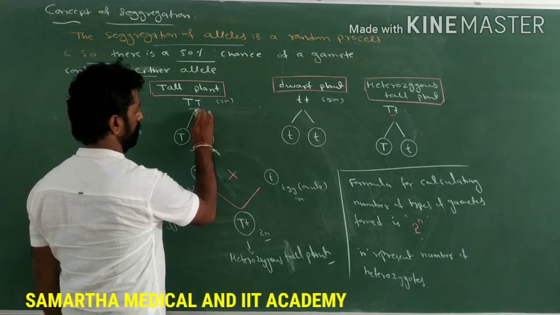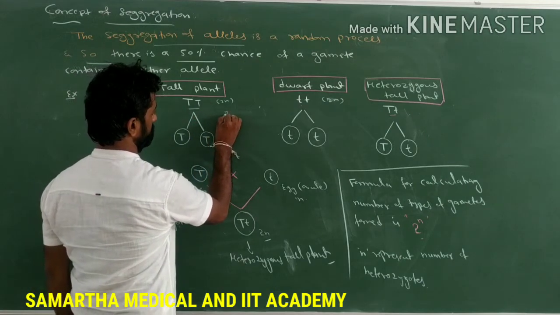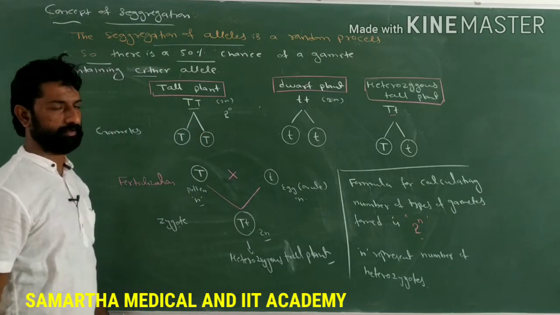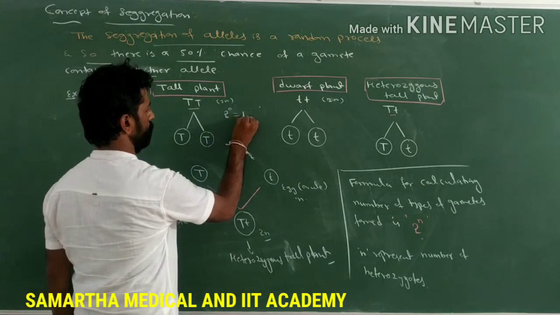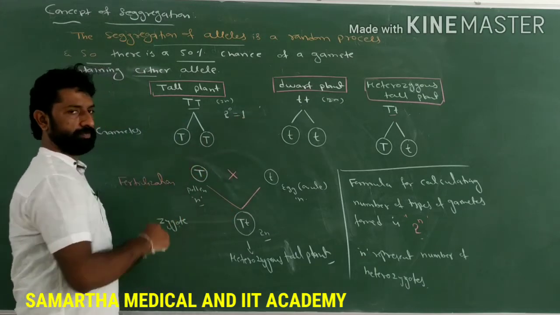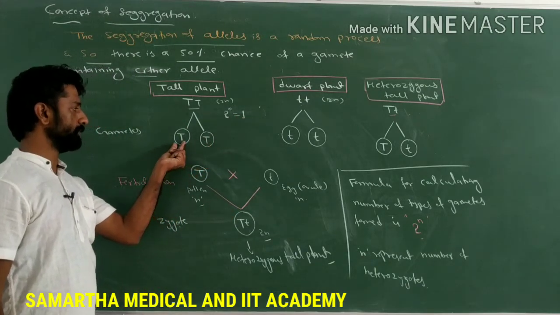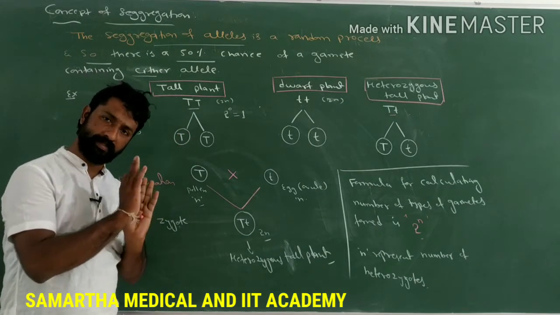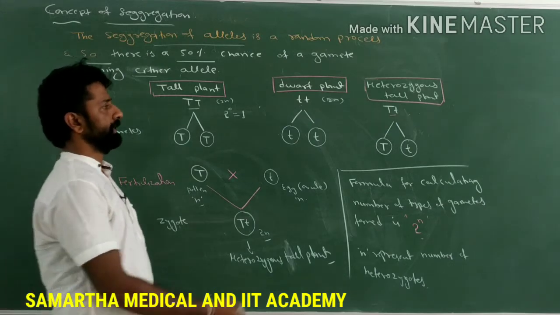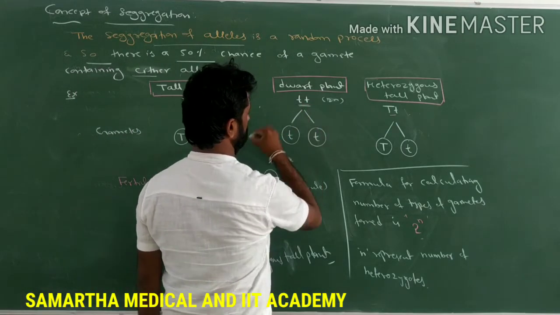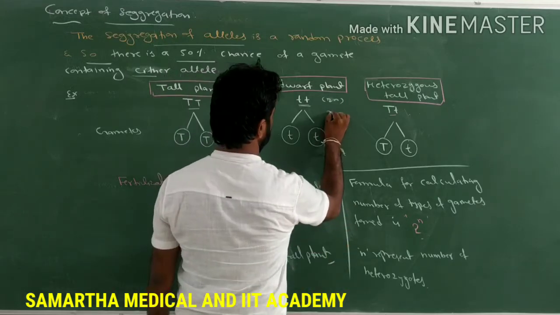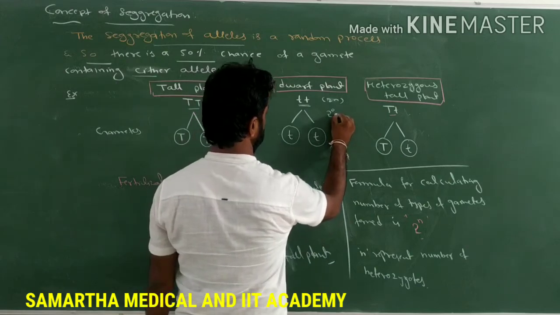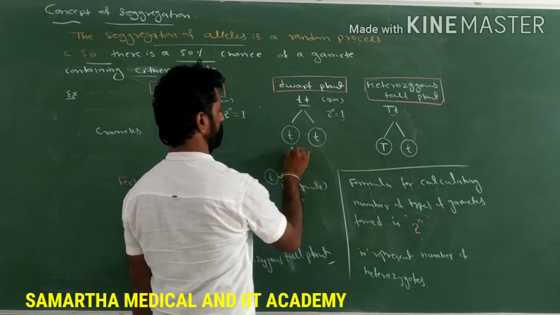If you apply the formula, how many types of gametes will be formed? 2 power 0, where 0 means no heterozygous condition is present. 2 power 0 equals 1, so only one type of gamete is produced.